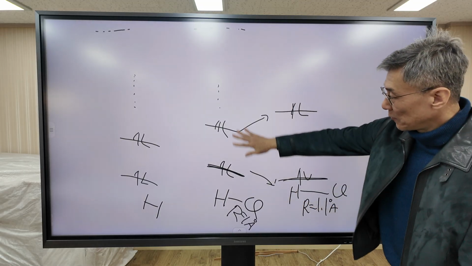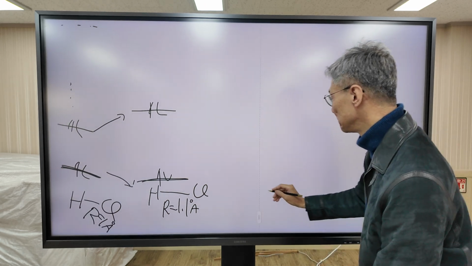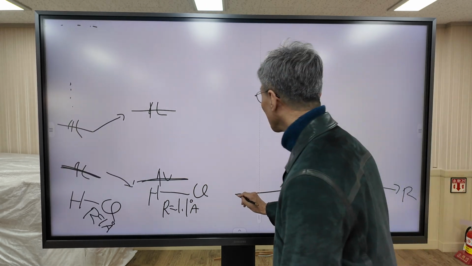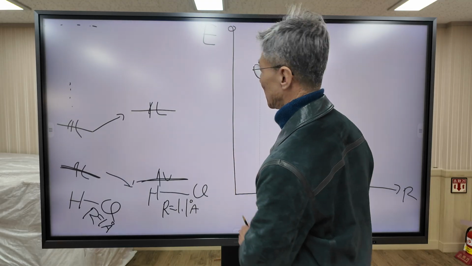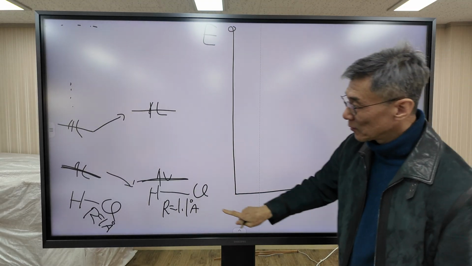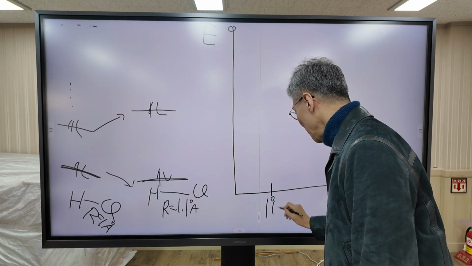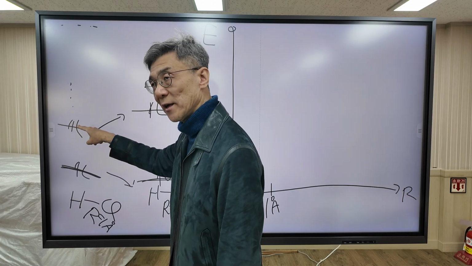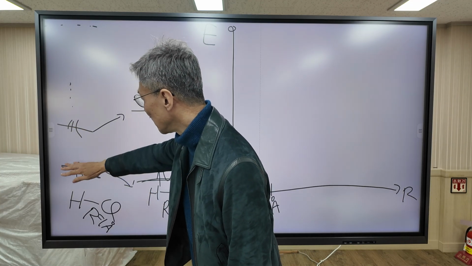So, with this configuration, I can draw this diagram. This is R, and this is energy. For this case, when R equals 1 angstrom, I can calculate all the energy the electrons have.